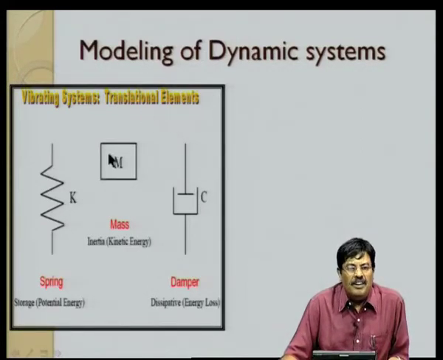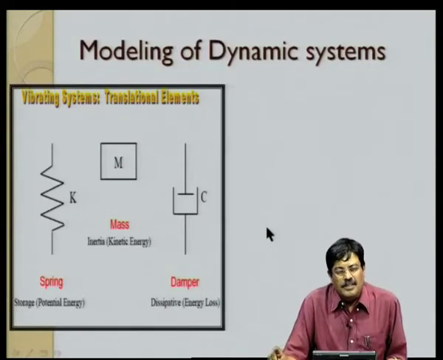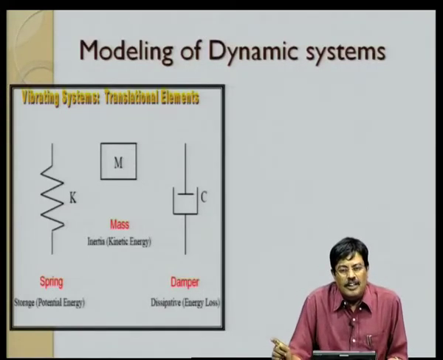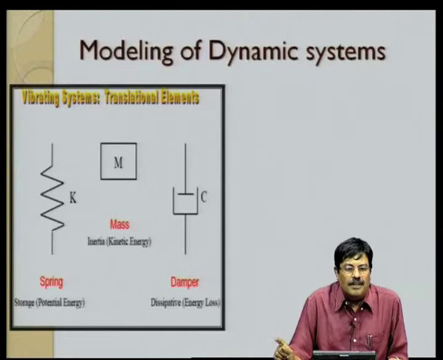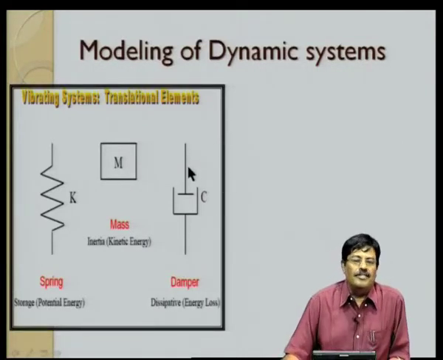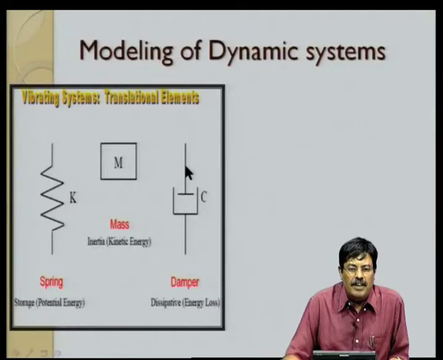The mass is represented by a block of mass m, and whenever we give a disturbance, this disturbance does not continue for long, it dies after some time, and that is caused by damping force. There are different kinds of damping, and here what we have represented is one particular type called viscous damping, which is represented by a dashpot as shown here.